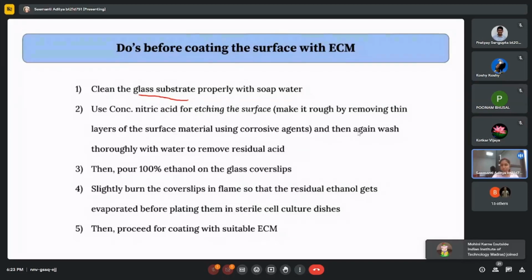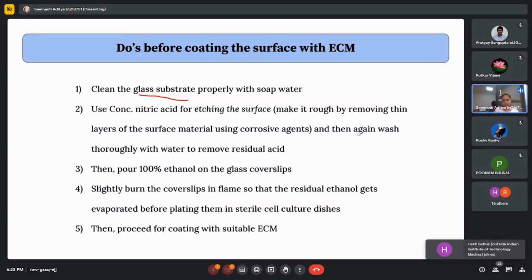But if we do need an extra coating, then we have to make sure that whatever substrate we want to coat the ECM matrix on has to be totally clean and free of oil and other residual dust particles. It is very common that there are a lot of dust particles present in the cover slips or in the Petri dishes, which are not visible to the eyes, but are present.